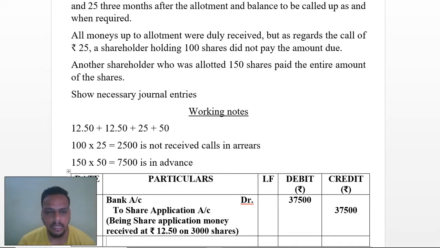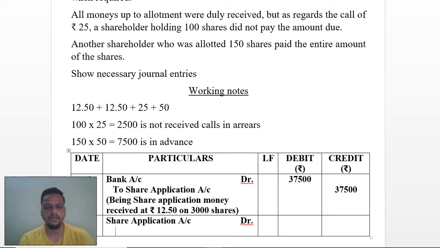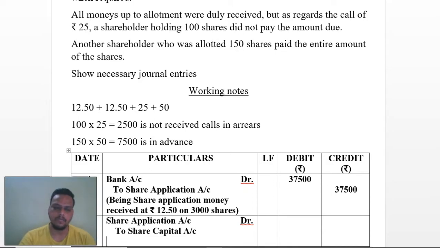As share application is credited, now it will be transferred. Share Application Account debit to Share Capital Account. Here I am writing first being, because we have to shift again.